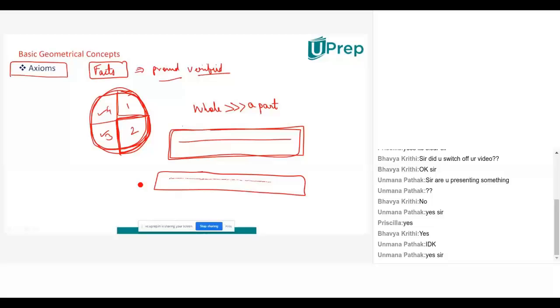Yeah, there are so many things which are true. Say, I took the example of a pizza. One slice of the pizza is part of the entire pizza. That is something that you cannot argue upon because it's a fact. It is proven. That is, one whole is always greater than a part. When you learned about a superset and subsets, one subset is a part of a superset.